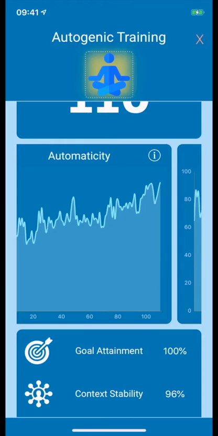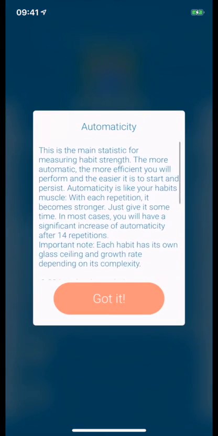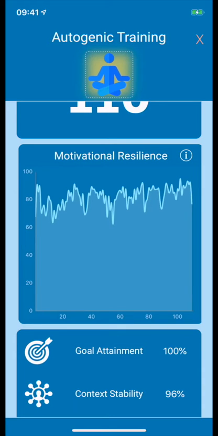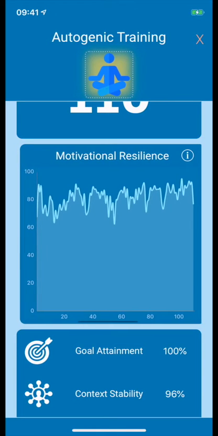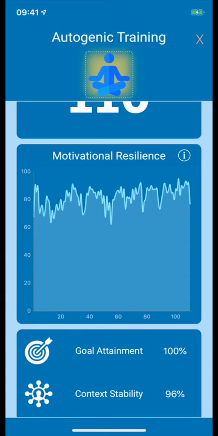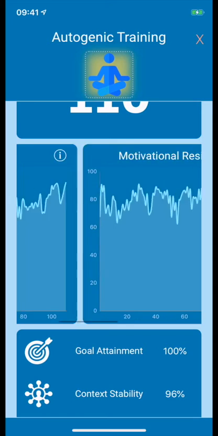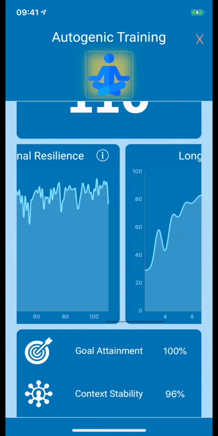And you can hit this info button for info, and here motivational resilience tells you how strong the motivational shield around this activity is. In this case, in autogenic training, it has been rather high right from the beginning. Normally, motivational resilience gets stronger alongside automaticity.